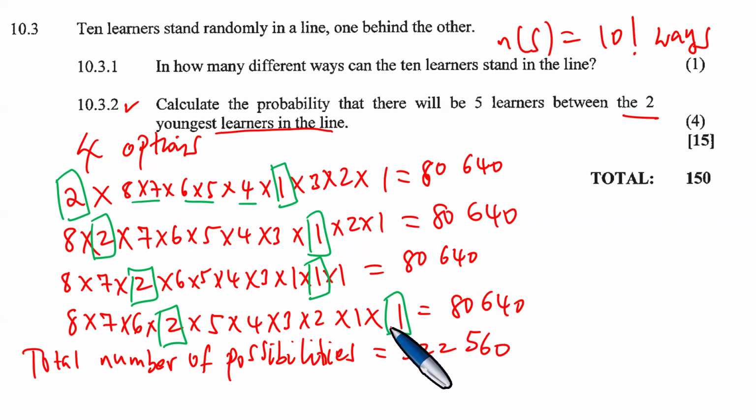So what is then the probability that the examiner wants here? I'm going to write that one in green.